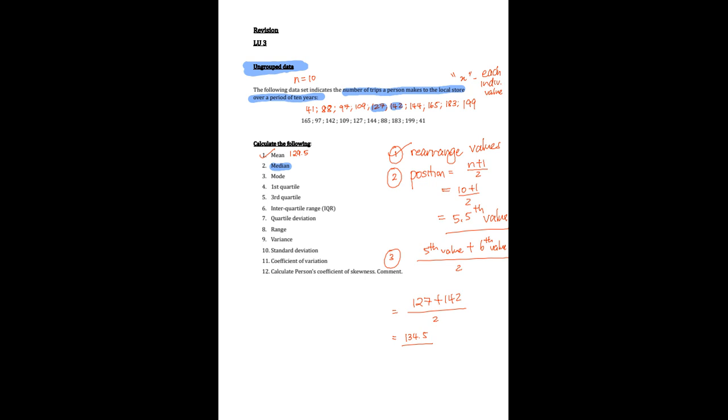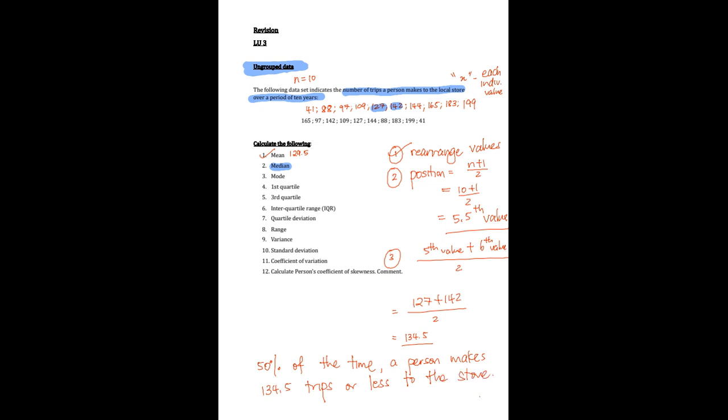And to interpret your median, you are going to say that since it's your middlemost number, meaning it separates the lower 50% of your data from the upper 50% of your data, you will say then that 50% of the time a person makes, let me rather say that, a person makes 134.5 trips or less to the store. Okay, so you will always interpret it in this way.